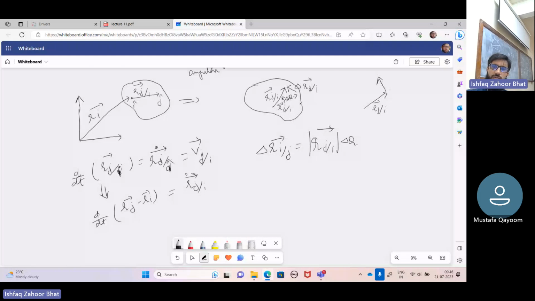That unit vector should be perpendicular to this r_ji. How will we get that vector? To find a vector which is perpendicular, not dot product, cross product. Cross product gives us a vector perpendicular to some given vector.